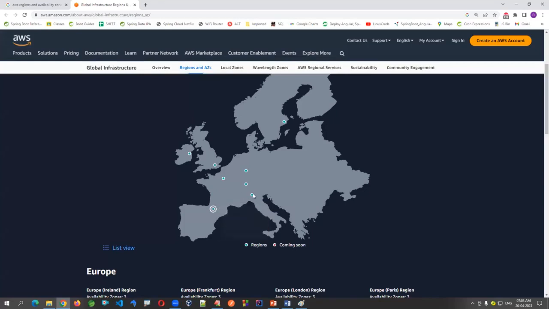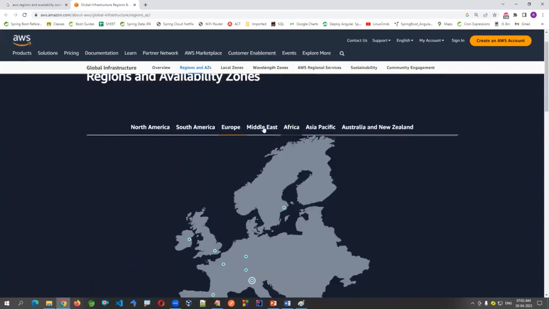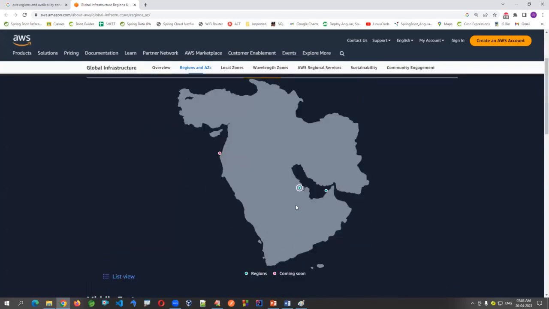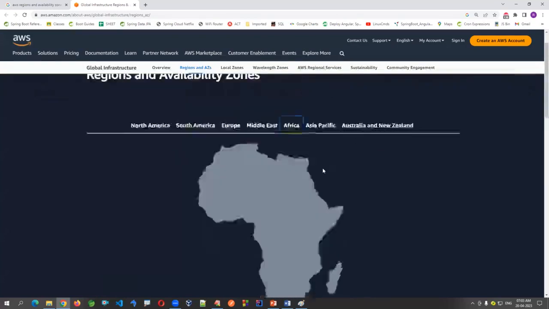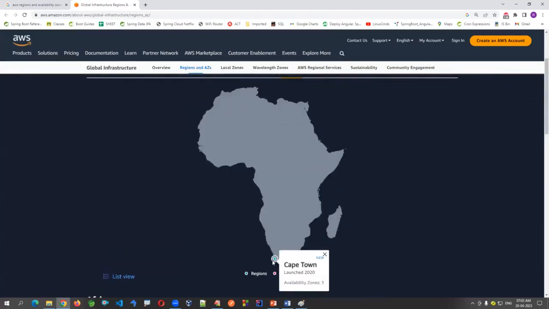In Spain, Middle East countries, you can see. It's Cape Town.